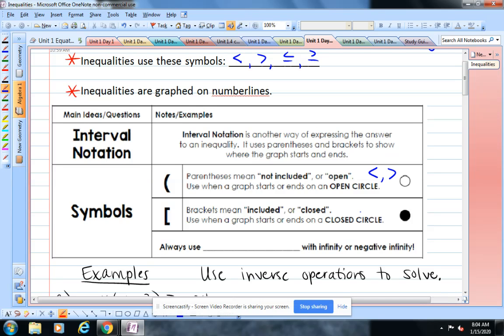And if we have or equal to, so if that number is included with the solution, we'll say it's or equal to, and we will use brackets and a closed circle. So this will make sense after we work some problems, I promise. And we're always going to use parentheses when we're dealing with an infinity or a negative infinity.